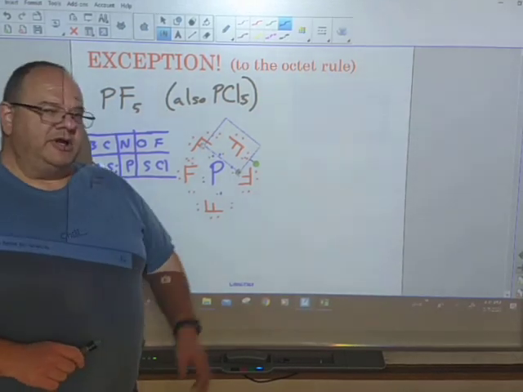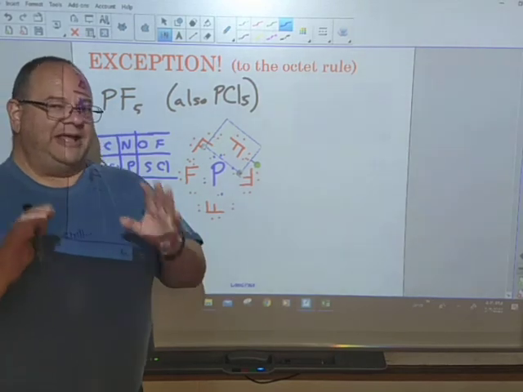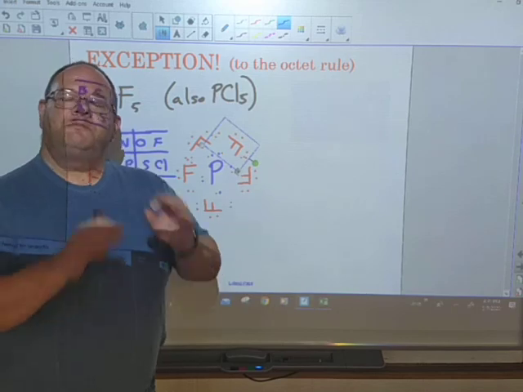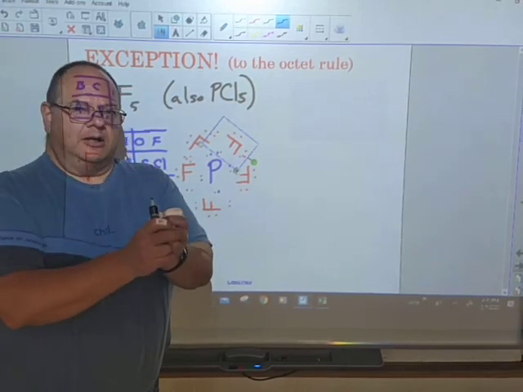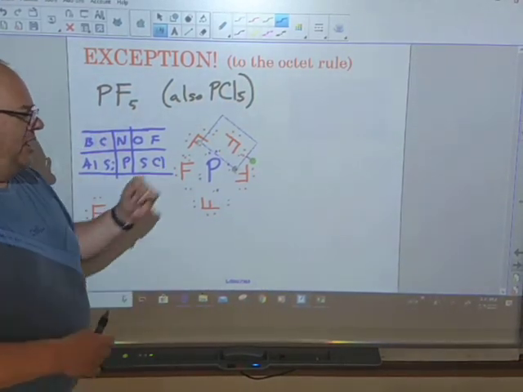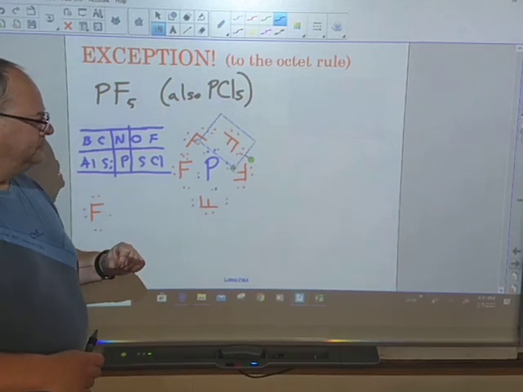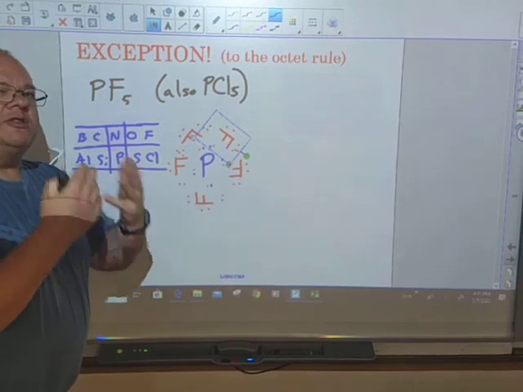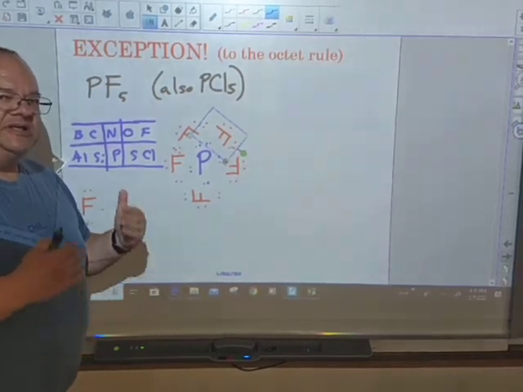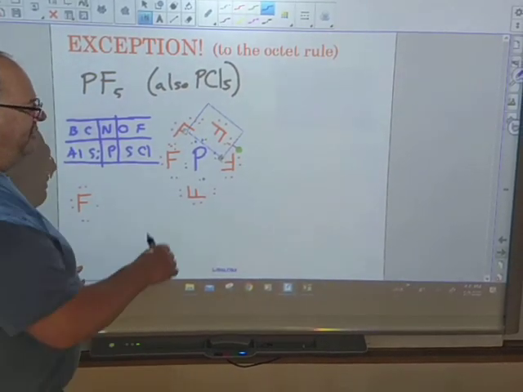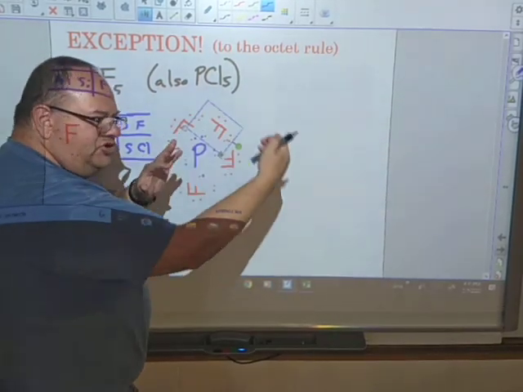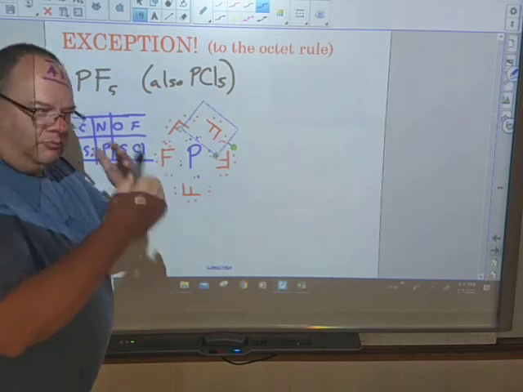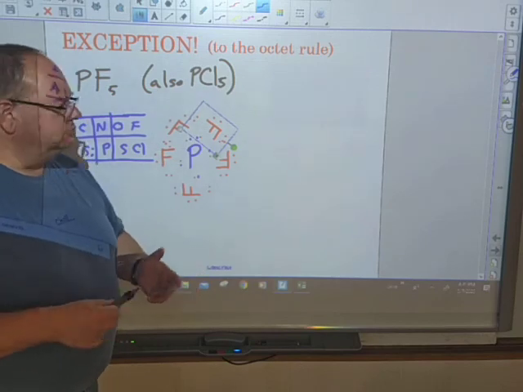And in the 3rd energy level, there is a d sublevel. It's just empty, but the region of space is there. So here's what we're saying. In this situation, phosphorus could be using one of those previously empty d orbitals. And we can think of one of these electrons just shifting into that d orbital, and now we've got room for 5 bonds.